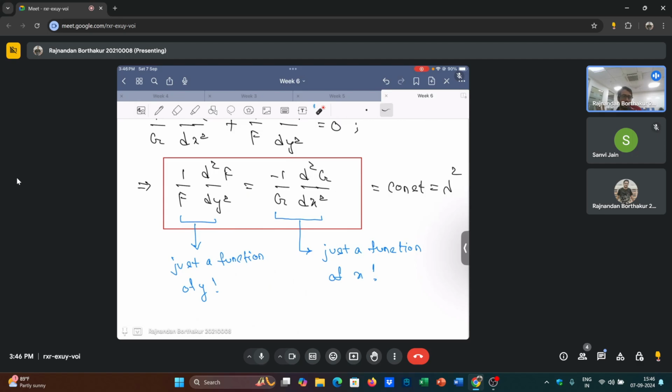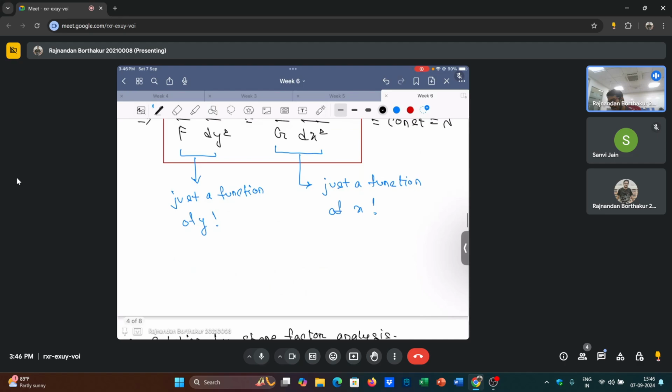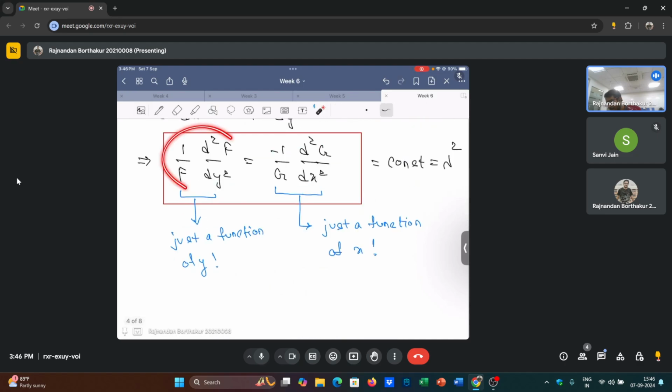And that is the true objective of the method of separation of variables: to convert the PDE into two different ODEs and then solve these two ODEs simultaneously. So this has to be equal to this constant, and this also has to be equal to this constant. So that's what we are going to do.